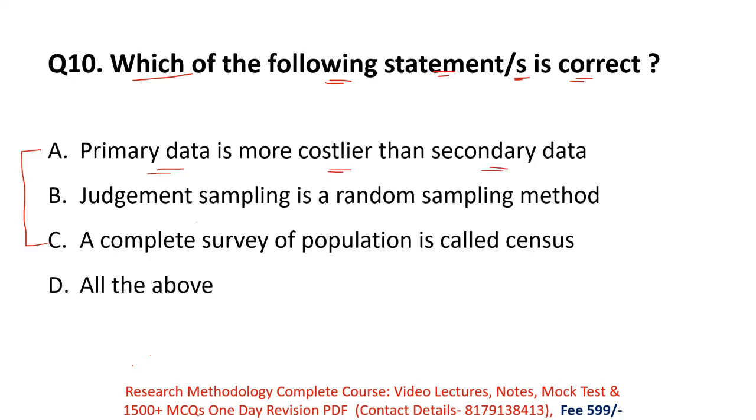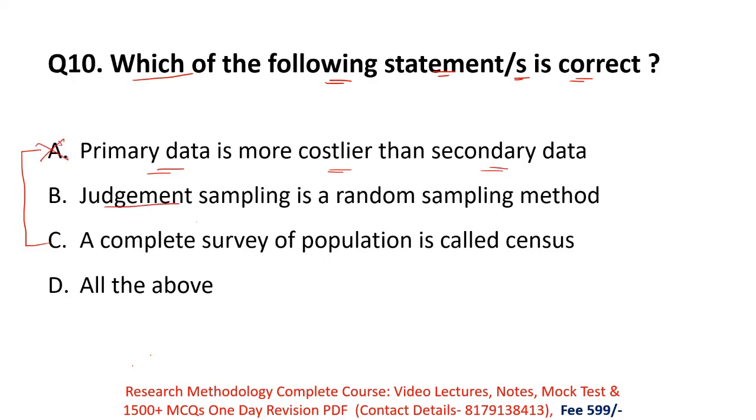No, it's not possible, because by performing an observation you can also collect your primary data. Observation is not a costlier method. It is a very cheap method. So primary data may be costlier or it may be cheap, not always costlier than secondary data. So here option A is incorrect.